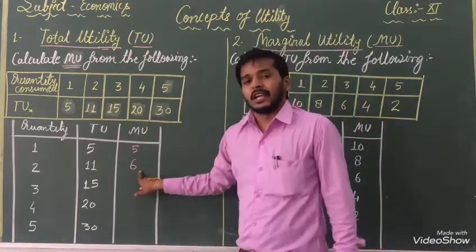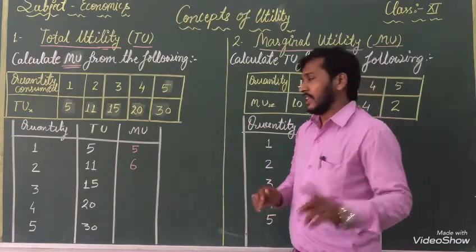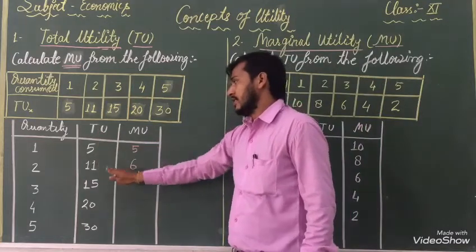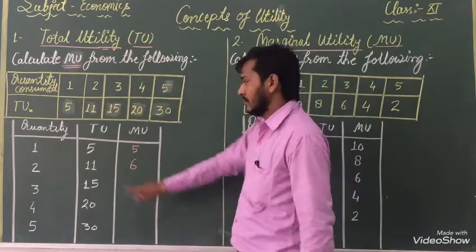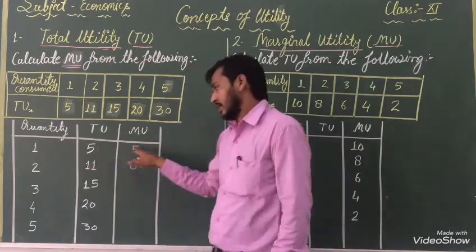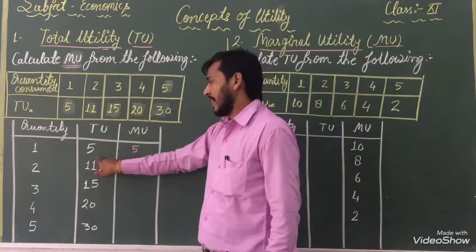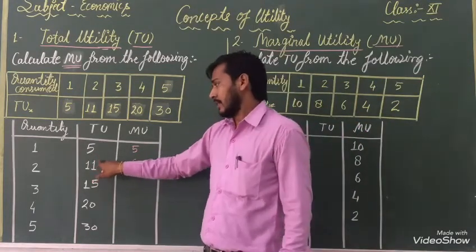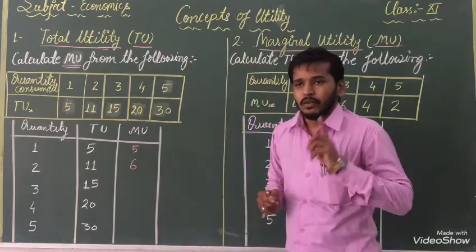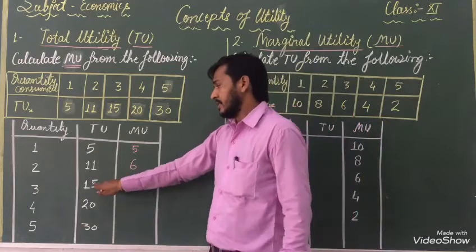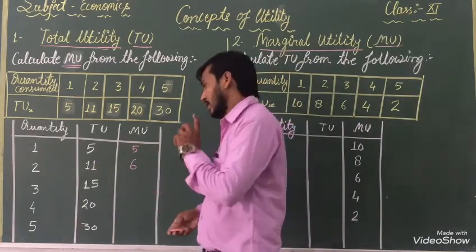We will write it here. This is a very important part: the difference between total utilities is what we write in marginal utility. Once again, listen. First we write 5 here. After that, the difference between 5 and 11: 11 minus 5, 6 will be here. Once again, if you subtract 11 from 15, what will be there?